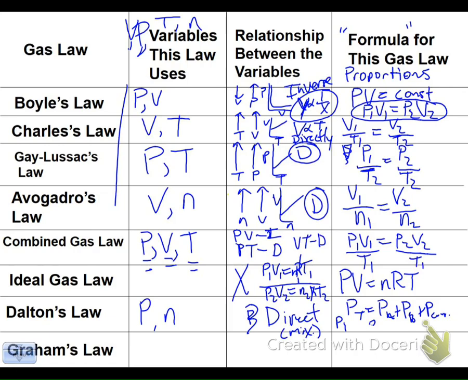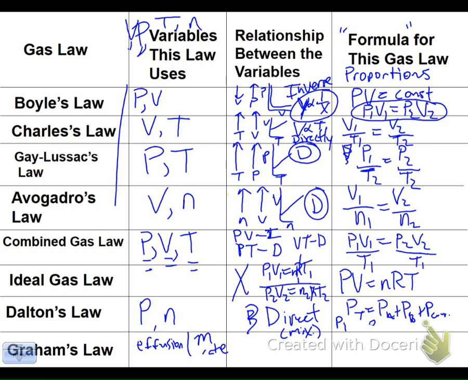Graham's law deals with the motion of particles. So the thing that we're dealing with here is actually a different variable. It's effusion. So what we're dealing with is the molar mass and then rate. Rate or time, but just for now, rate.